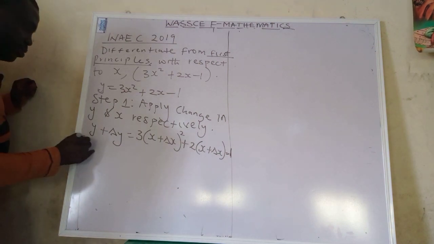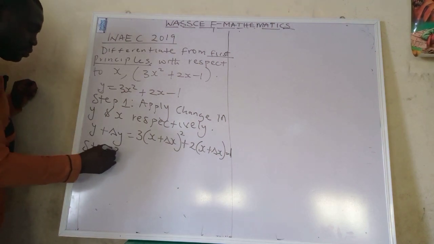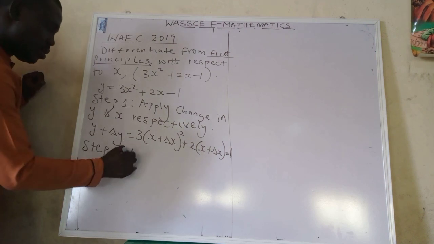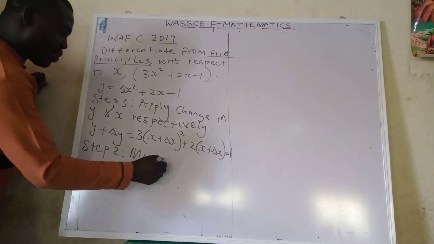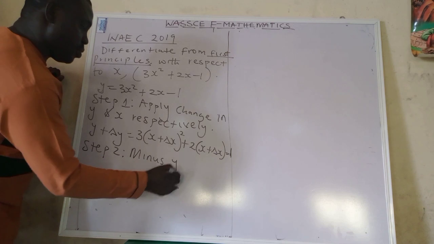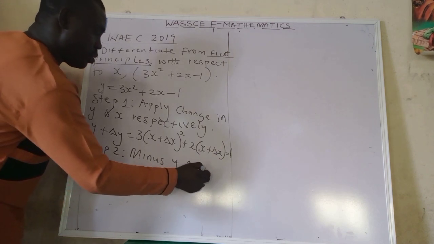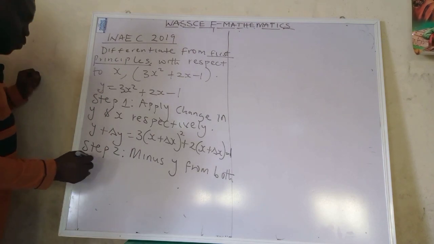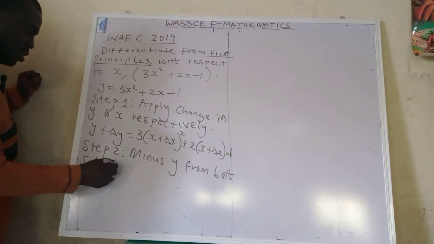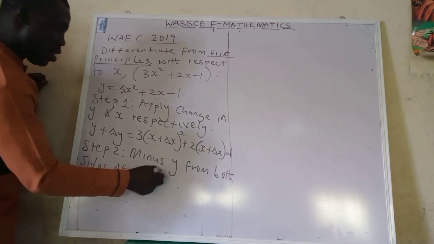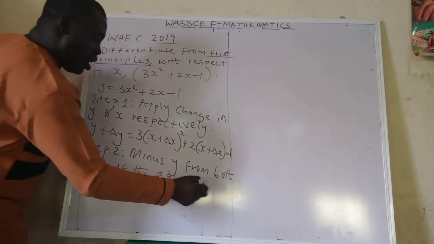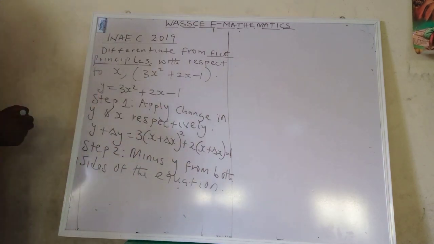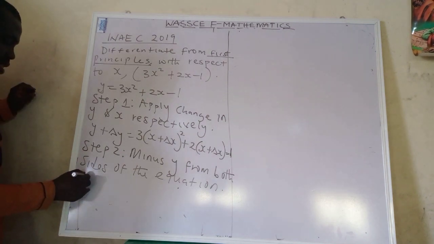Step number 2. Minus y from both sides of the equation.